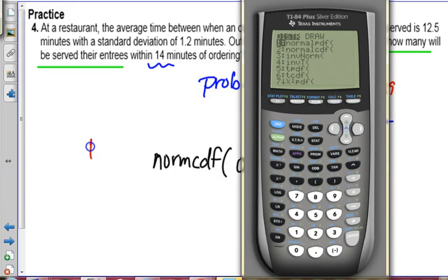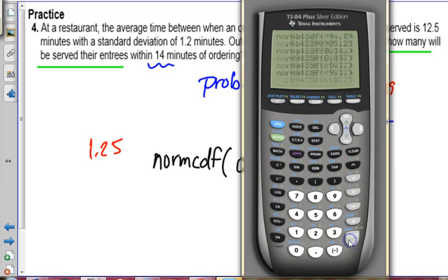Positive, right? Did I put it in wrong? So it was like -9 to a z-score of 1.25, where the mean is always 0 and the standard deviation is 1 if you're using a z-score. 0.8943. Okay.